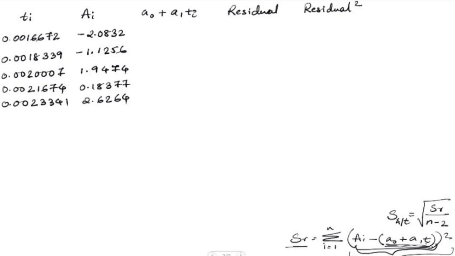Okay, now we will work out the formula for a0 plus a1 times t.